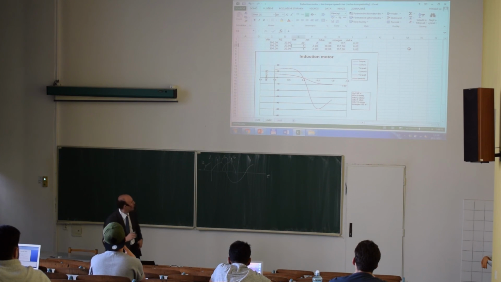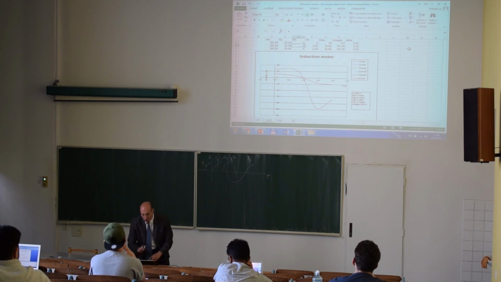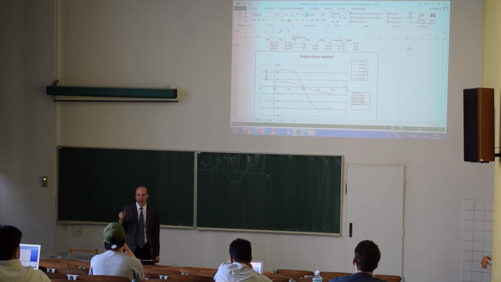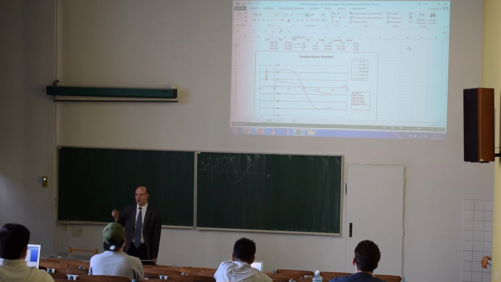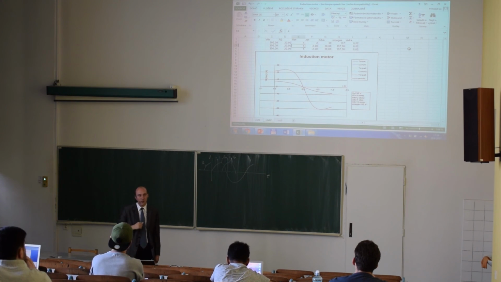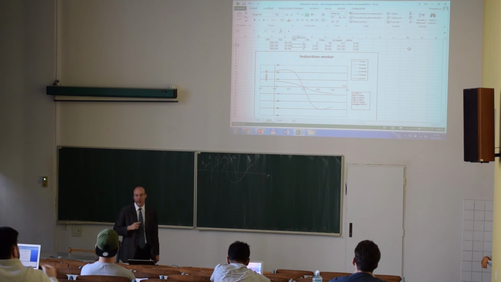Well, 20 is probably too much, but we see that here at this area we don't have that much of a change. So it doesn't make much sense to add a resistor in series with the stator winding. It will have an effect on the torque that it produces, but the effect is not that significant.